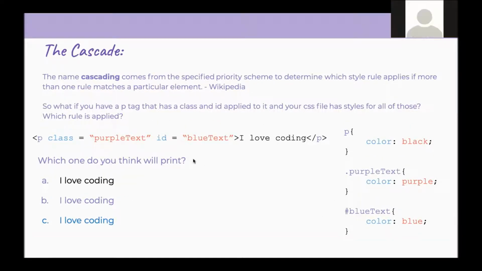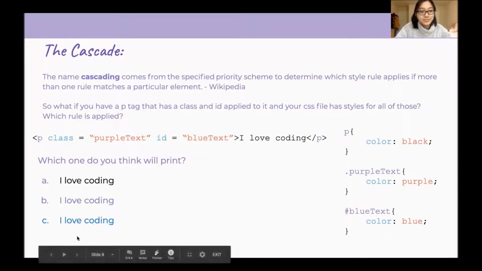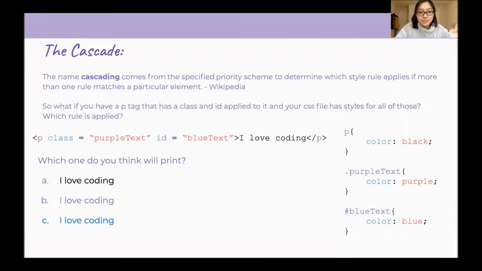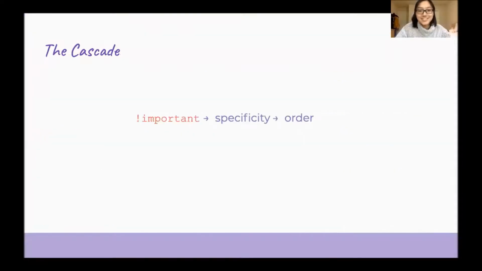What if you have a p tag that has a class and ID applied to it, and your CSS file has styles for all of those? Which rules apply? Some of you got it right. It was the blue one because ID is the most specific. And the cascade goes in this sort of priority scheme. Priority scheme, that's a good word.